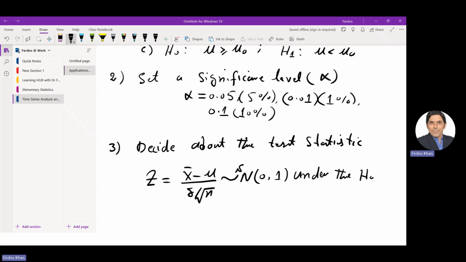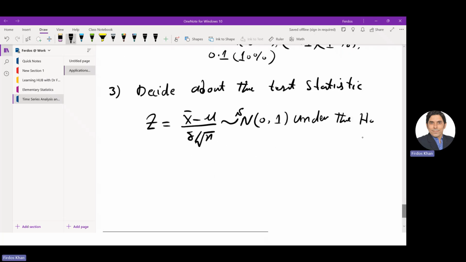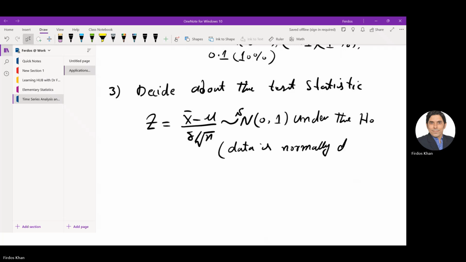The assumption for this test is that the data is normally distributed. Of course, the population distribution is also normal.